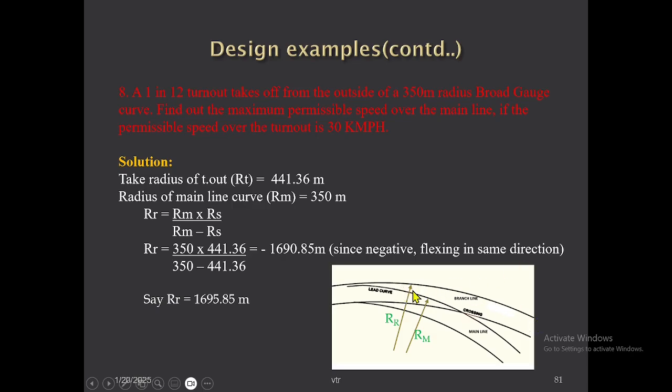Here the radius of the curve is 350 meter, which is almost 5 degree, whereas the degree of the turnout is 4 degree actually. So 5 minus 4 is 1 degree, almost closely 1 degree will be the resultant curvature in this direction, just like a similar flexure, flexing in the same direction.